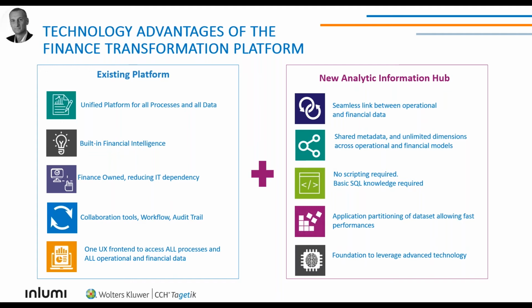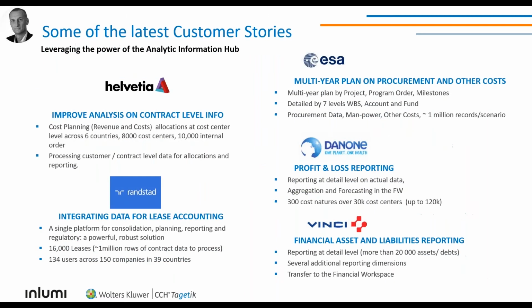And also with the Analytical Information Hub, our customers are ready to leverage advanced technology, not looking only at past results, but also predict and prescribe the future using artificial intelligence and machine learning. So if we are looking at what our customers today are doing with our Analytical Information Hub and how they are benefiting from them, I have 5 examples for you.